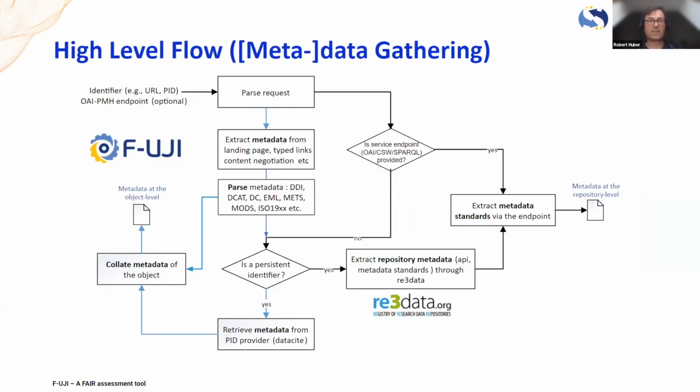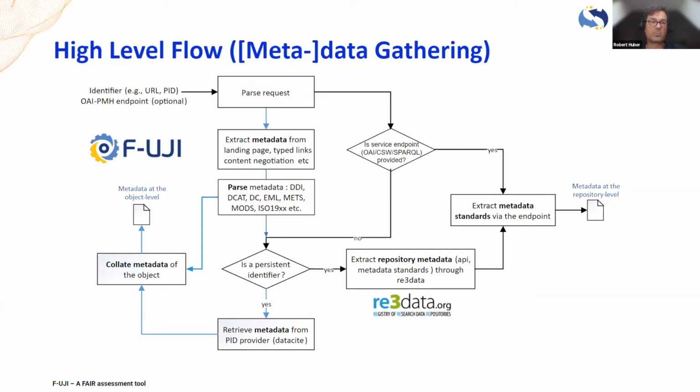This is an overview of the high-level flow of how FUJI collects the metadata and data which it needs to perform the assessment. FUJI accepts an identifier as input, a URL or a persistent identifier, and additionally users can give a service endpoint.